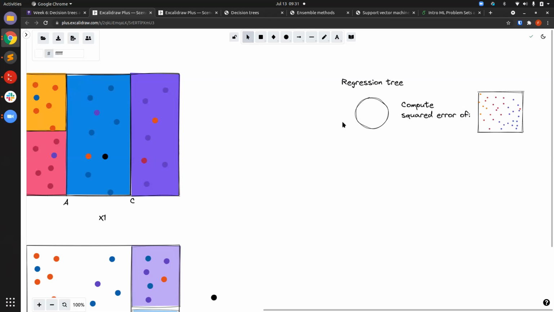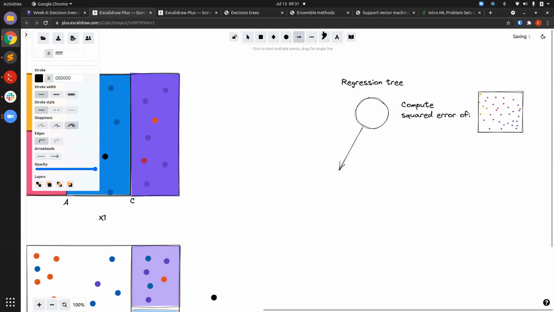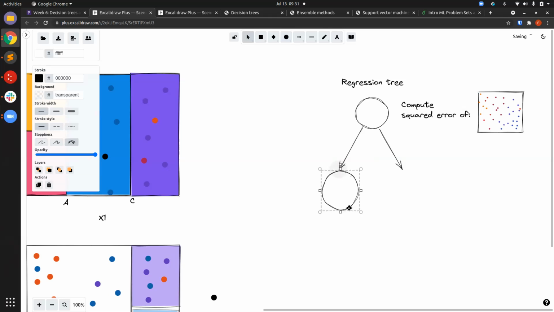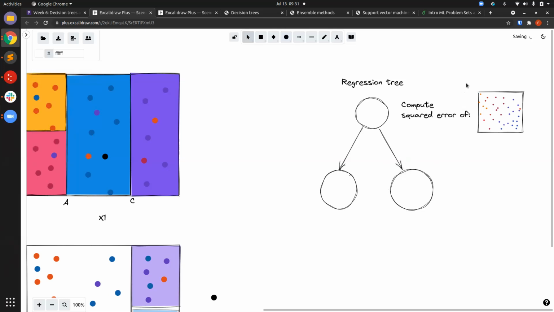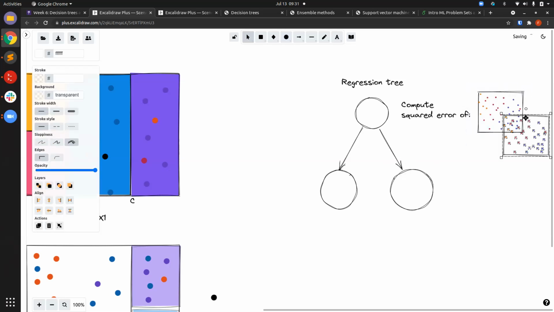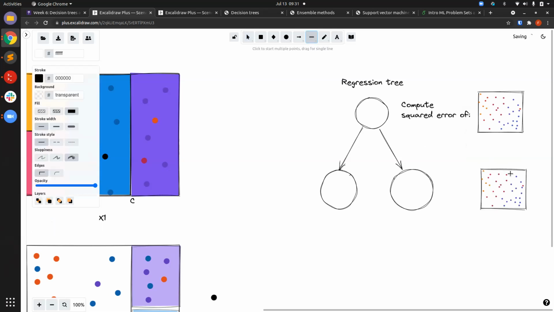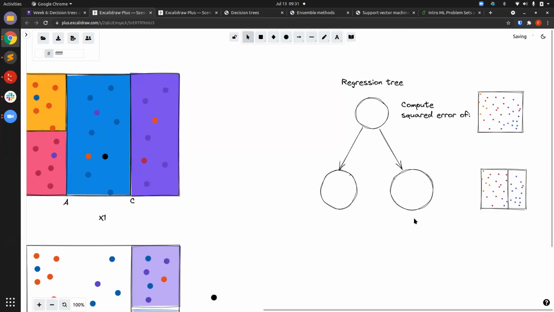Now, suppose I want to evaluate a split. So suppose I'm considering splitting like this, maybe splitting over here.